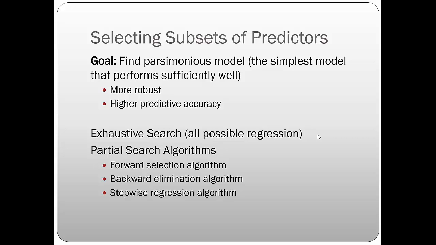If it's less than 5%, you will bring it in. But if none of them are less than 5%, you cannot bring any variable in, and all the variables that are already in have p-values less than 5%, so you don't have anything to throw out. At that point you stop. That is called stepwise regression. We will look at these methods in SAS.